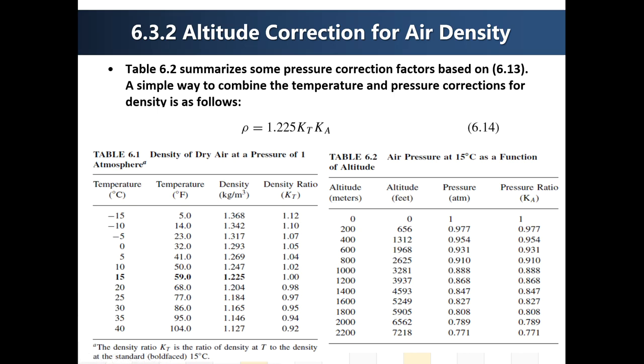Kt is the ratio of density at temperature T to the density at the standard 15 degrees. So eventually, air density rho is equal to 1.225 multiplied by the density ratio due to the temperature correction, multiplied by the pressure ratio due to the pressure correction. Now we complete section 6.3.